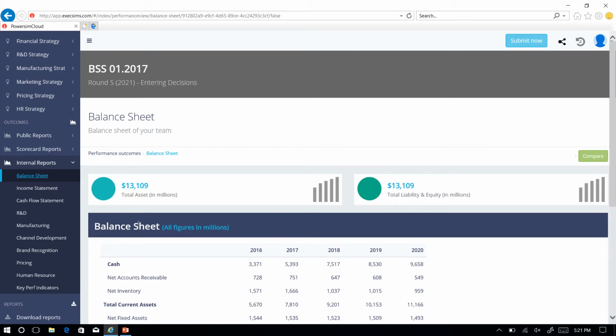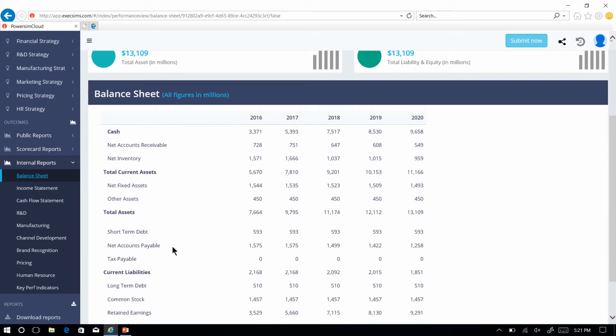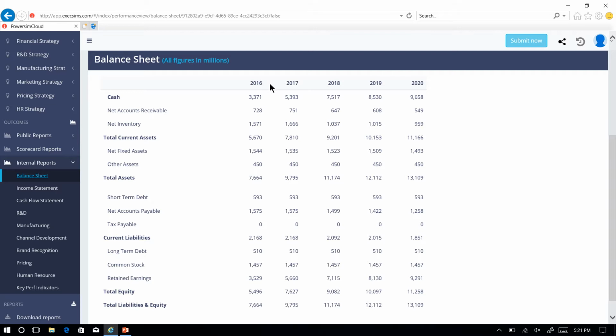And here you can see that Balance Sheet is actually also available under Public Reports, so it's actually the same. The only difference is this is the balance sheet only for this specific team that I'm currently signed into. So for this, it shows the balance sheet for each round, which is each year.